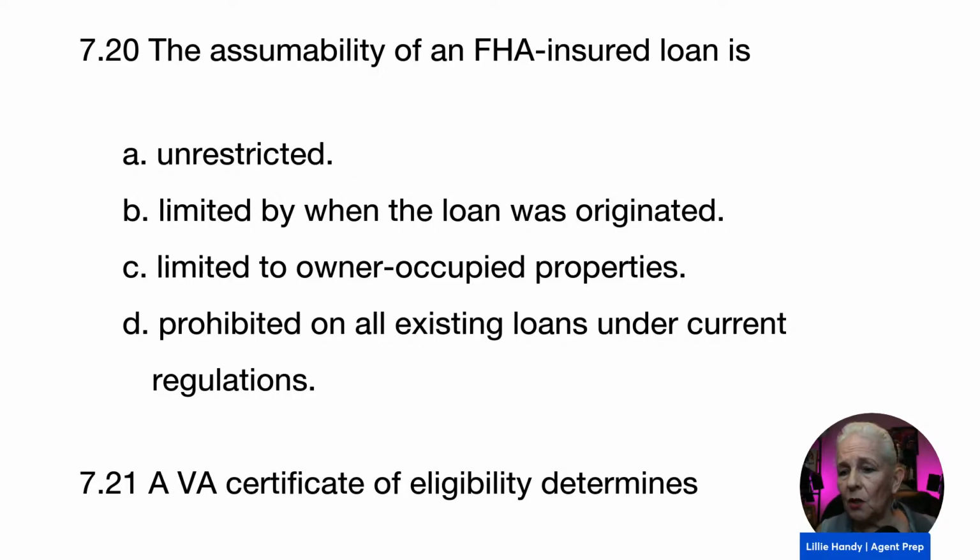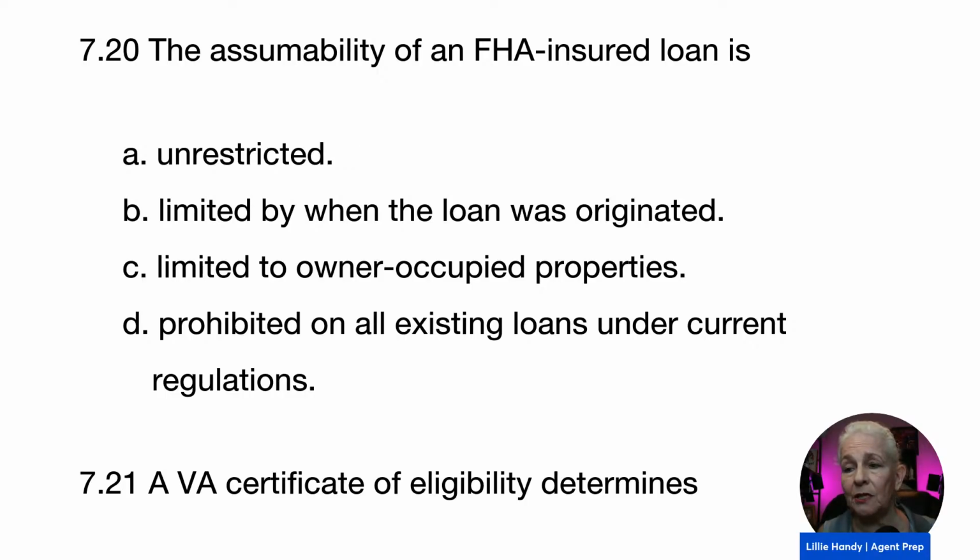Rules for assumability vary according to when the FHA insured loan was originated and whether the loan was for an investment property or an owner-occupied principal residence. Loans originated before December 1st, 1986 are generally assumable without restriction. Loans originated after December 1st, 1986 require that the assumer show creditworthiness.